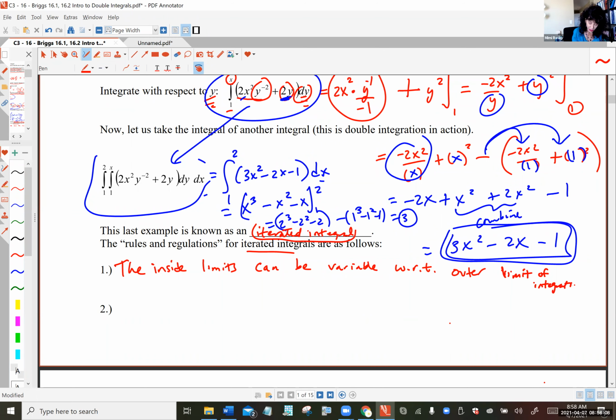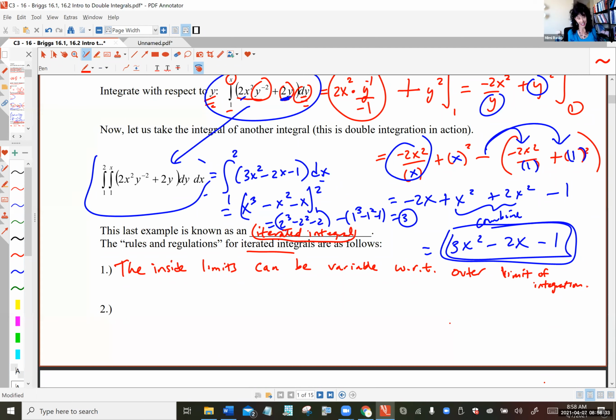That's a fancy schmancy way of saying what I said before, that the limits on the integral cannot match the variable of integration. They can match with the outermost variable that you're not integrating with respect to at that moment, but they can't match your variable of integration. So that's rule 1.